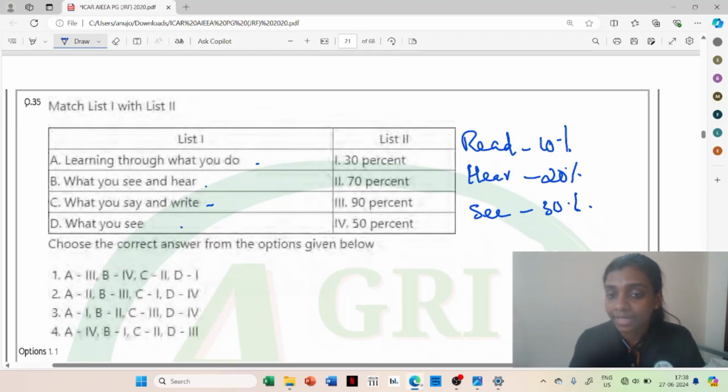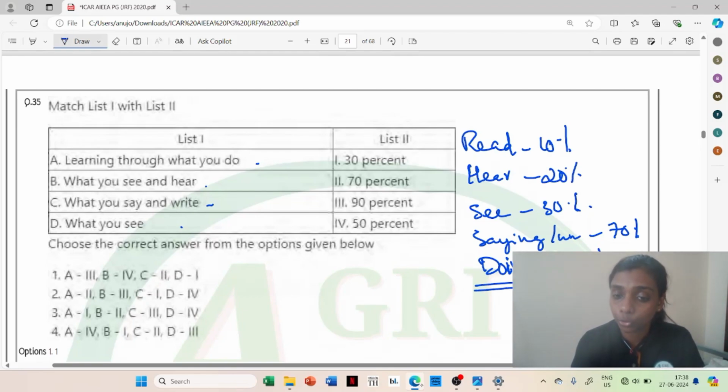When you are saying something, telling something, or writing something, it will be 70%. And finally, if you are doing something, it will be 90%. So maximum retention is through doing. This one is asked here: learning through what you do. The answer is 90%.